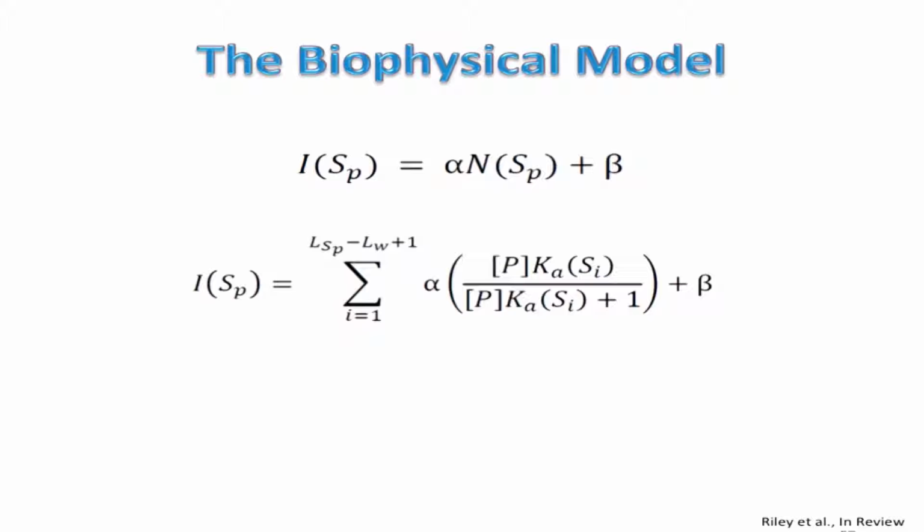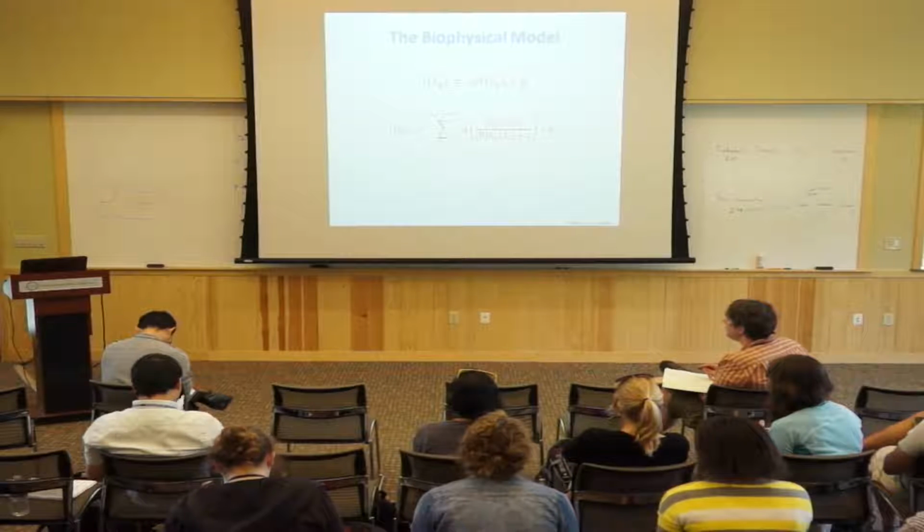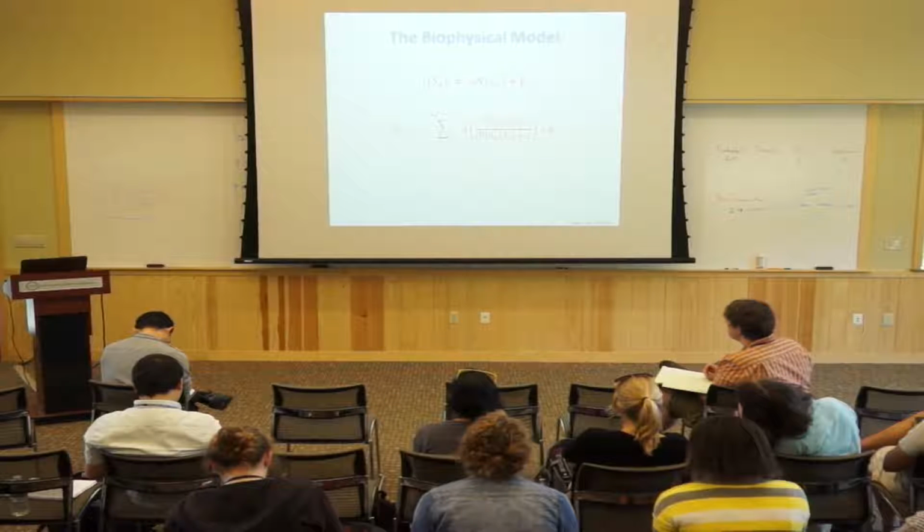If our binding site is 10 base pairs long, we look at the first 10 base pairs, then slide one position and look at that binding site, and we just sum the level of occupancy over every sliding 10 base pair window, and that gives us the total occupancy for the entire probe.